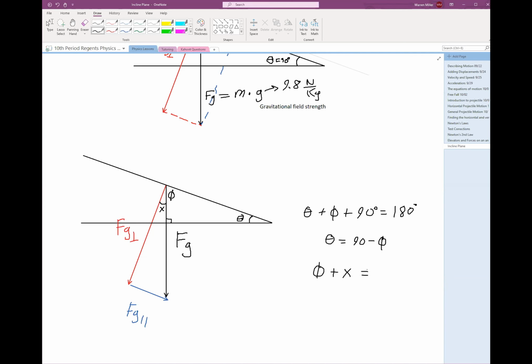I think it should be 90 degrees. That's correct. If you look at the corner here, this is a 90-degree angle that's shared, so if you add theta, phi, and x, it's 90 degrees. So if I get x by itself, I get x is equal to 90 minus phi.